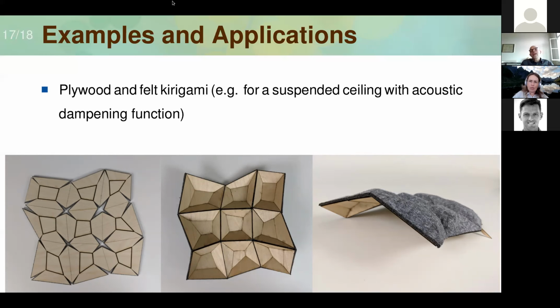So we were thinking of these applications, which are actually periodic. You can tile the plane with this element. This is an element for a suspended ceiling with acoustic dampening function for some really fancy installation where somebody has much money to pay for all this cutting and folding.